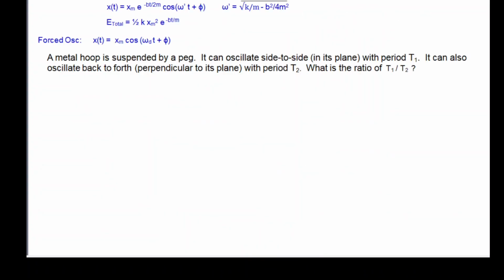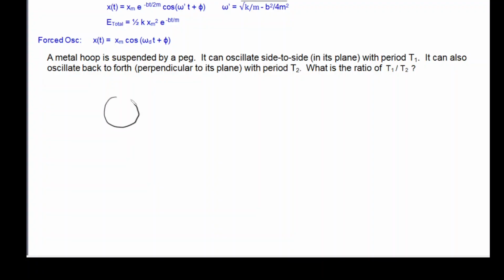Our next problem is a metal hoop is suspended by a peg. It can oscillate side to side in its plane with period T1. It can also oscillate back and forth perpendicular to its plane with period T2. What is the ratio of T1 to T2? So let's try to draw this.